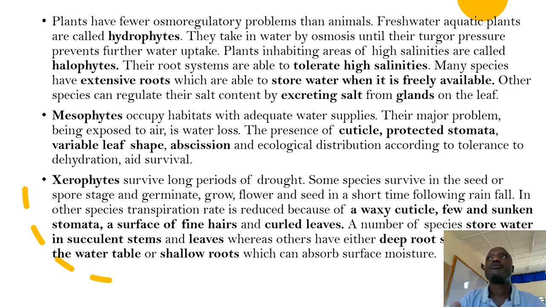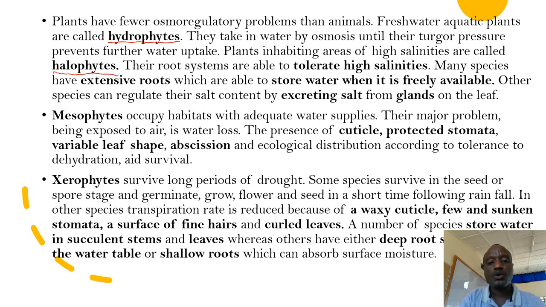One way these plants take in water is by osmosis until their turgor pressure prevents further water uptake. That's for the case of hydrophytes. We have other plants inhabiting areas of high salinities. We call them the halophytes. But still, they also possess different adaptations.